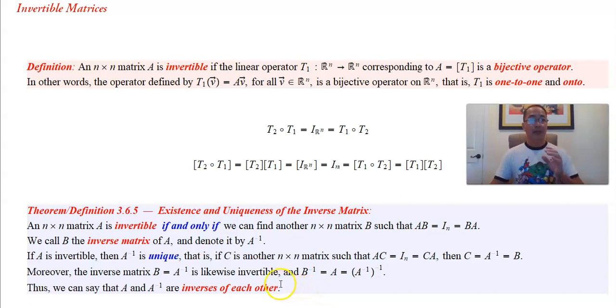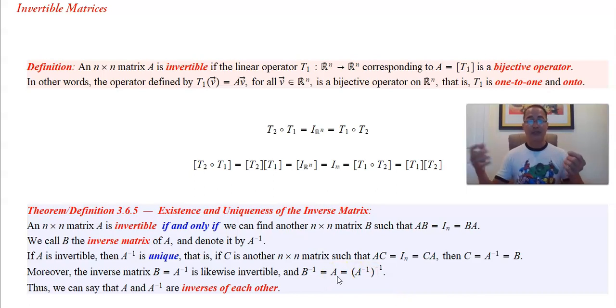Moreover, if A is invertible, then A inverse is unique. In other words, if C is another n by n matrix, so that A times C and C times A are both identity, then C has to be A inverse, which is B. Moreover, the inverse matrix B is likewise invertible, and B inverse has to be A. Another way to say that is that A inverse inverse has to be A. So again, it's almost like we're back in chapter 0.